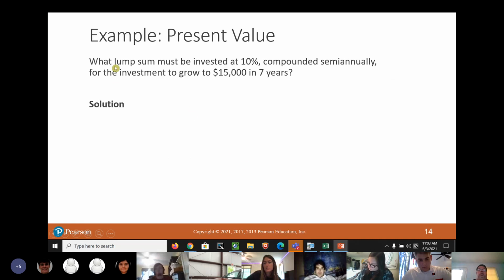Here we go. What lump sum must be invested? R is equal to 10.1, compounded, N is equal to 2, for the investment to grow to $15,000 and T is equal to 7. Now, you have to calculate it.